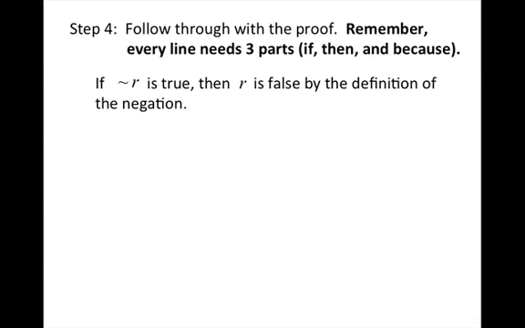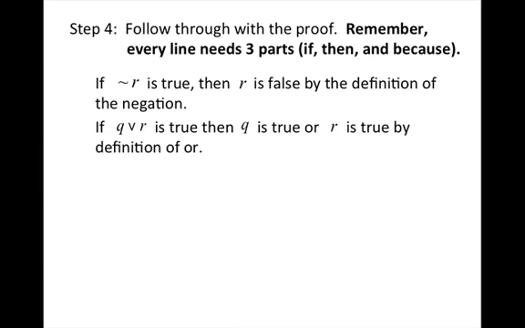First, let's say if not R is true, then R is false by definition of the negation. Now we're going to use the OR statement. And anytime you have an OR, it's going to be 2 lines in your proof. First, you just state the definition. If Q or R is true, then Q is true or R is true by definition of OR.